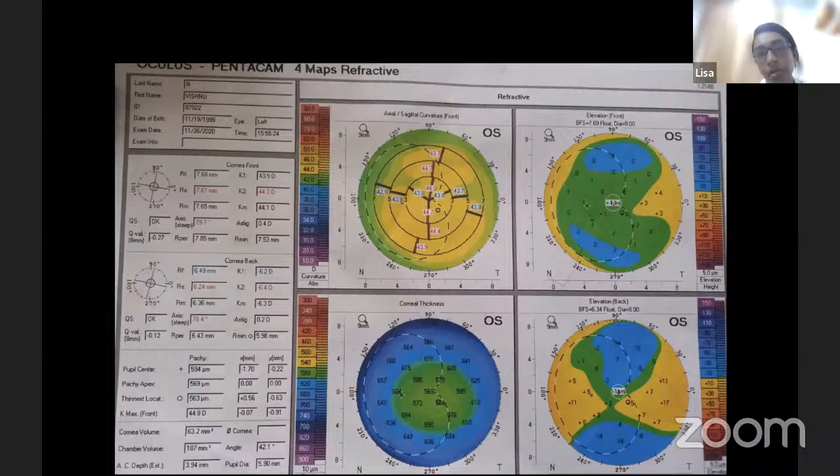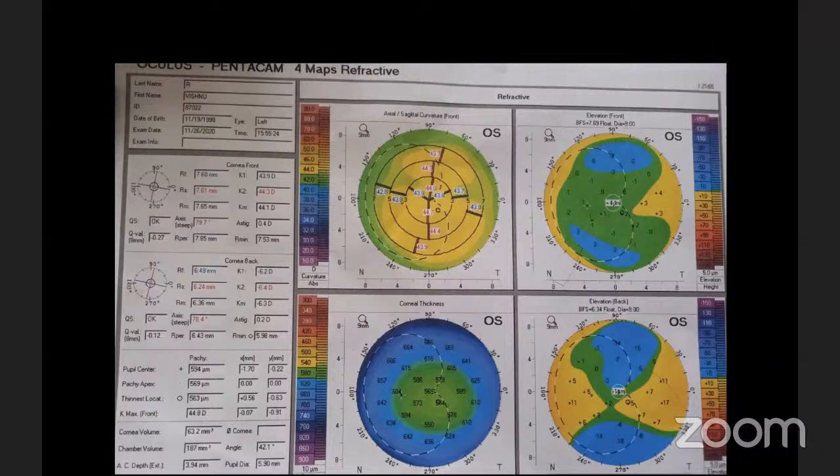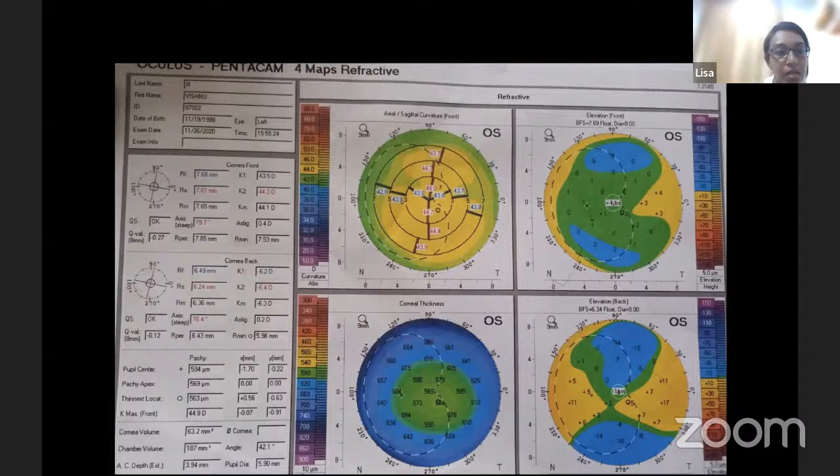Moving on to the elevation map, it is showing a superior and inferior depression. The corneal thickness map is showing around 590, and the thinnest location X value is plus 0.56 and Y is minus 0.63.